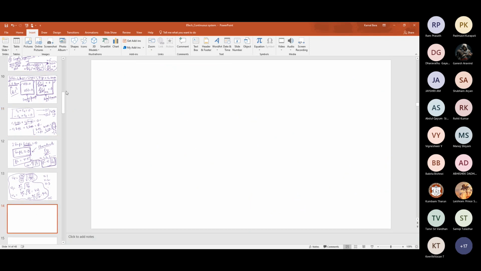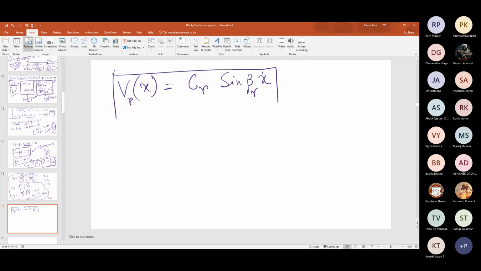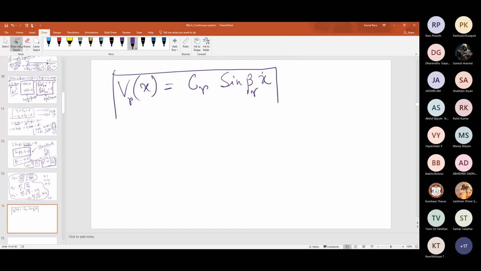So Vx equals, if I call it rth mode, so Vr is equal to some constant Cr, just resembling that mode. Vr, rth mode, C into sine beta R into x, right? x, not x dot, sorry. All others are 0.